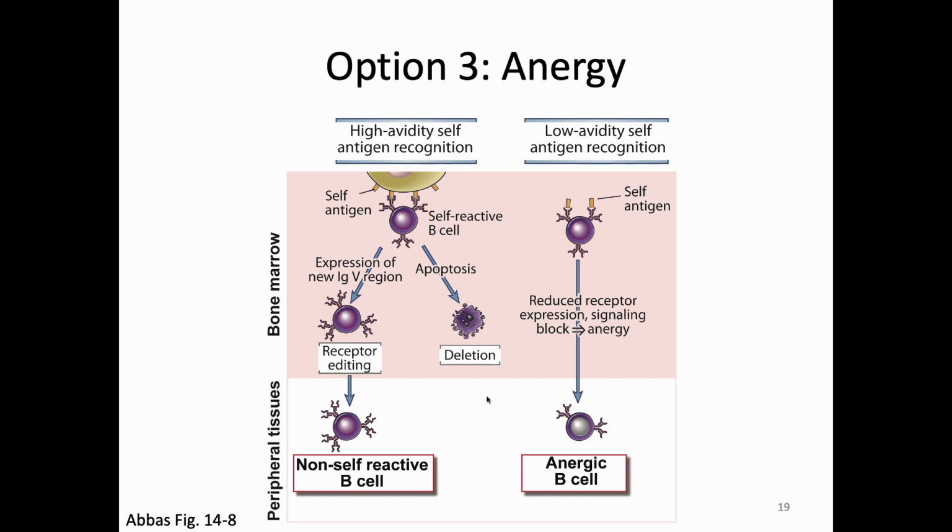But then there are these middle cells. And these are the cells that end up being anergized. They make it out of the bone marrow, but they're off. Except there are situations where they can be turned back on.